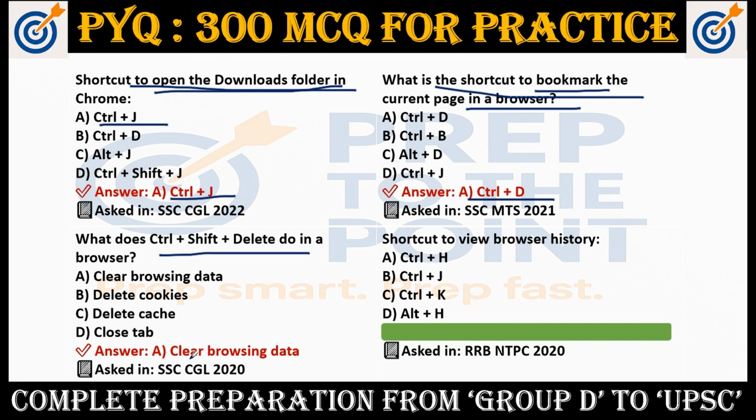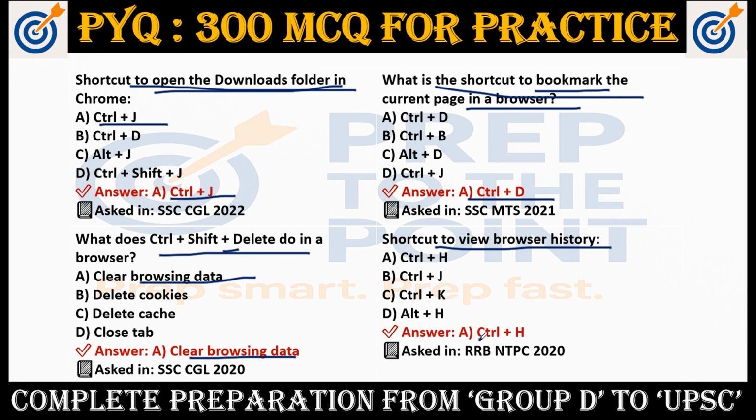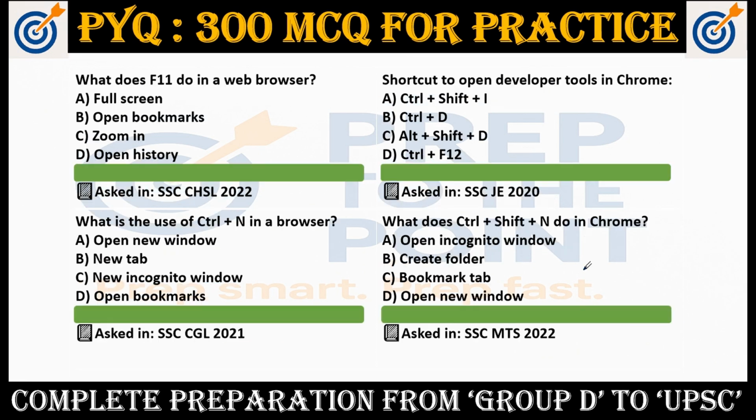Clear browsing data. Control Shift Delete to clear browsing data. Shortcut to view browser history. Control plus H to view browser history. What does F11 do in a web browser? Full screen. F11 for full screen.